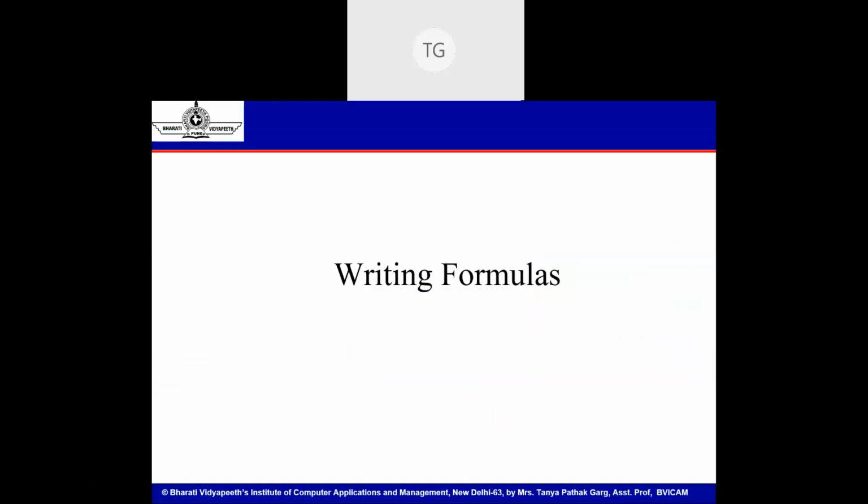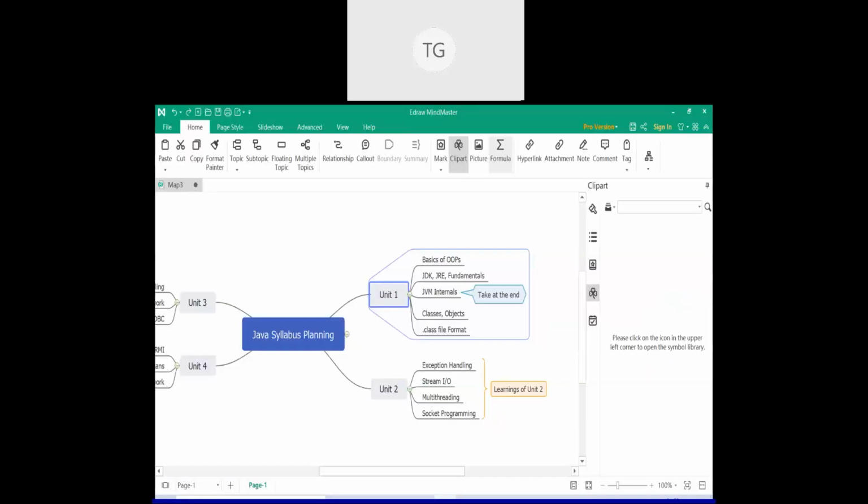formulas. Now, if your subject is a little mathematical, or if the student is taking up notes, doing a subject that has certain formulas involved in it, there is a formula editor which is available with eDraw MindMaster. Right besides mark in the home panel, there is a formula option. Click on formula.